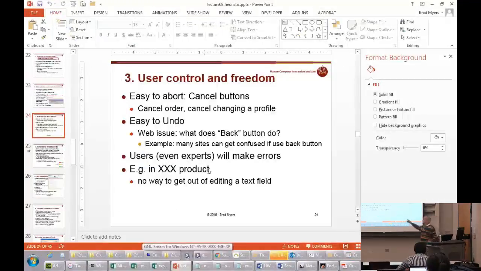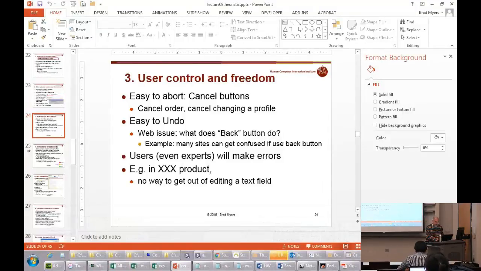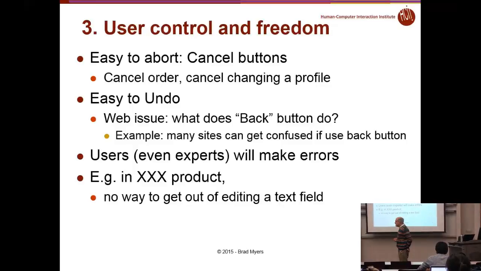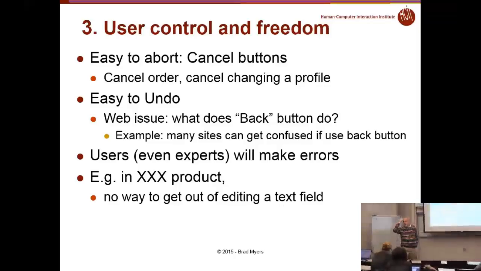So what happened in this product is that there was a field called something like product ID, which had this long complicated ID in it, which it checked to make sure you had entered correctly. But unfortunately, that field, when you clicked into it, was a pending delete field. So if you accidentally deleted the contents, then they went away.